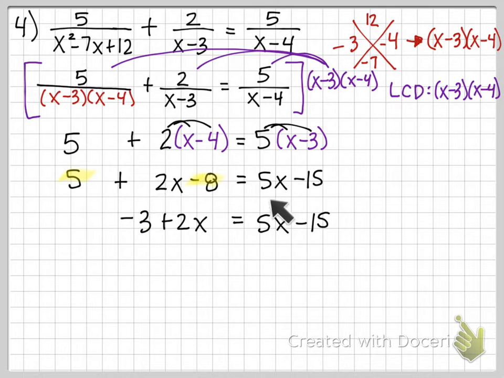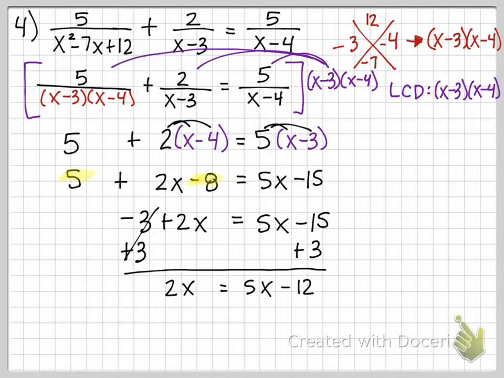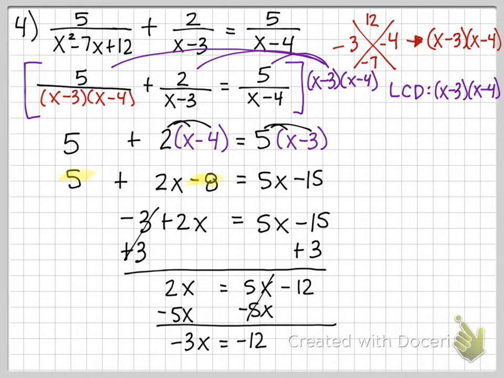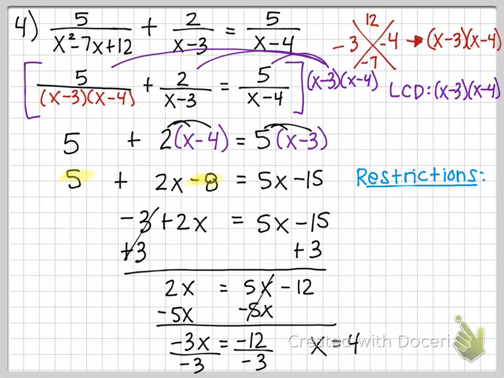I brought the 2x down, 5x down, and -15. And now we're going to move things around. So I'm going to add 3 to both sides. And we have 2x equals 5x minus 12, and then we're going to subtract 5x. So 2 minus 5x is -3x equals -12, divided by -3, x equals 4.